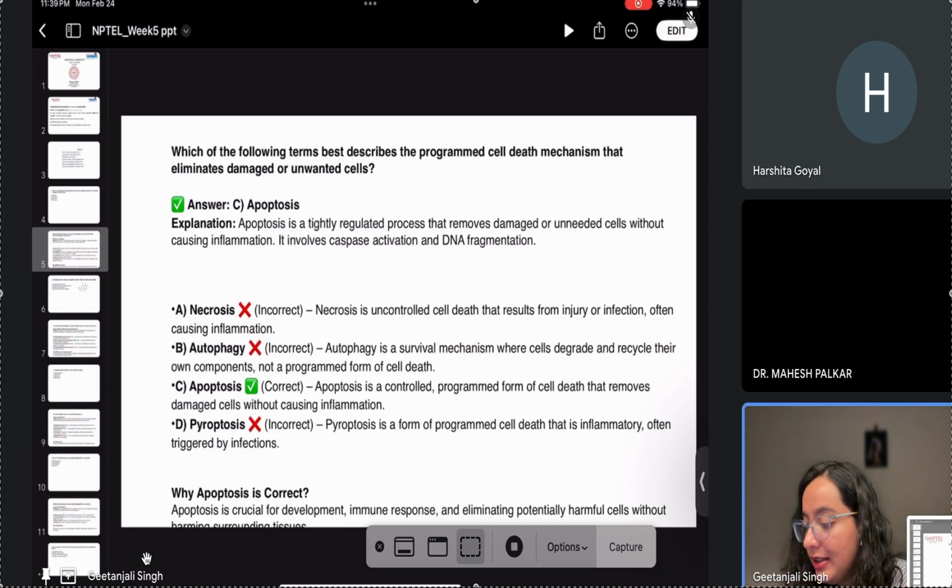So you can see the difference: necrosis is uncontrolled and also causes inflammation, whereas apoptosis is controlled, programmed, and does not cause any inflammation. In pyroptosis, you see it's a programmed cell death, but is often triggered by infections.